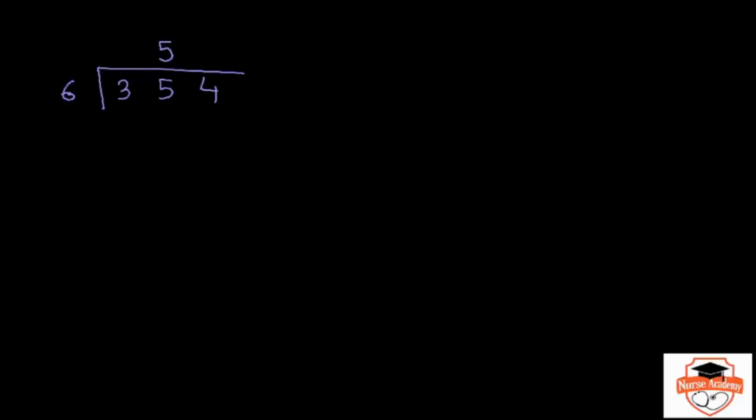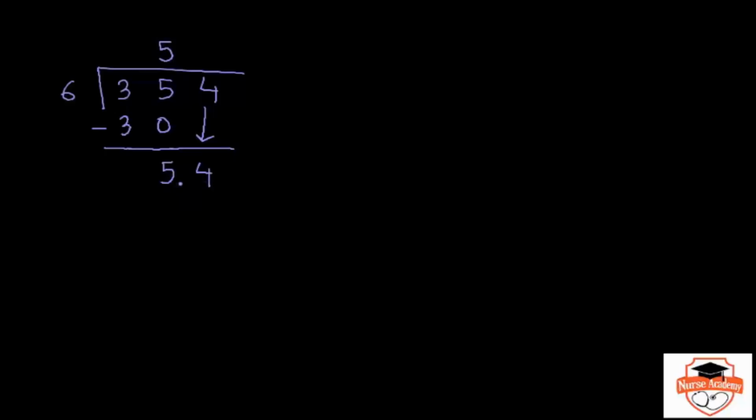Multiply the divisor with whatever you have written down on the top. So multiply 6 with 5, get a 30, write it below the 35, subtract. 35 minus 30 is 5. Next, bring down this 4. Bring down one digit at a time. Therefore, we have a 54 here. And repeat the same steps.